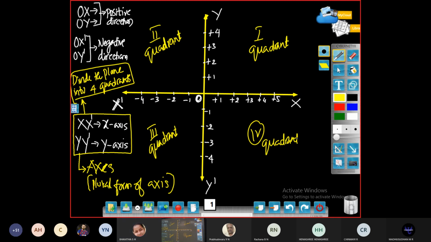So this plane we call the Cartesian plane. What do we call this? Cartesian plane.